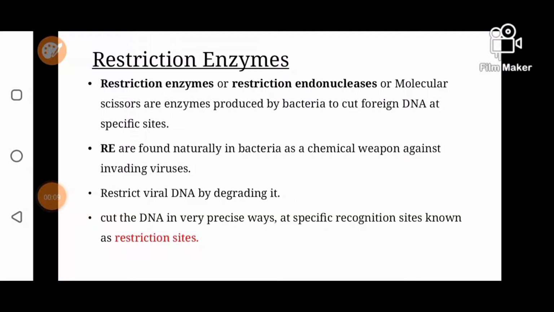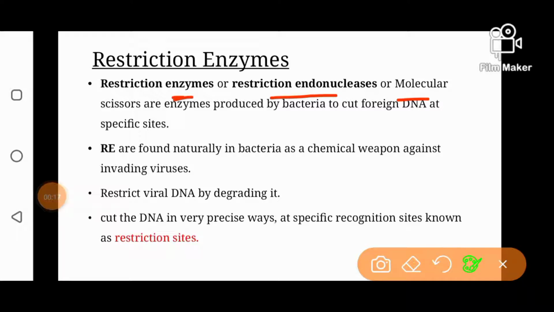So let's start. Restriction enzymes, which are also known as restriction endonucleases or molecular scissors, are enzymes produced by bacteria against invading viruses. Or we can say that these enzymes cut foreign DNA at specific sites. Restriction enzymes are actually found naturally in bacteria as a chemical weapon against invading viruses.